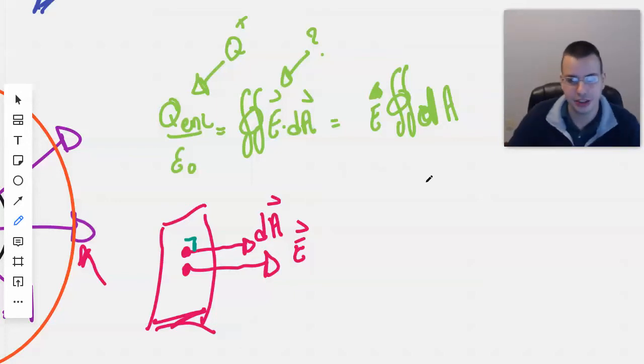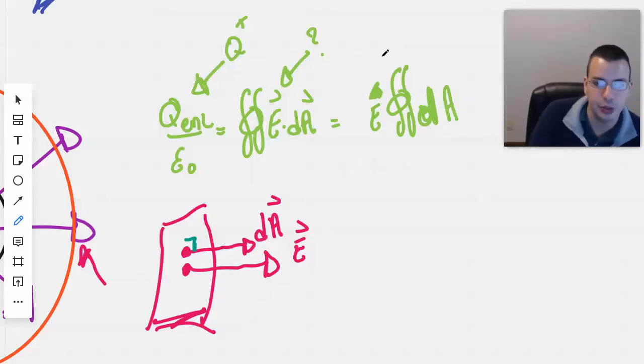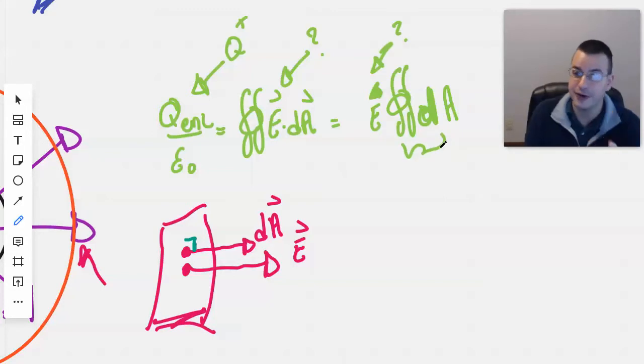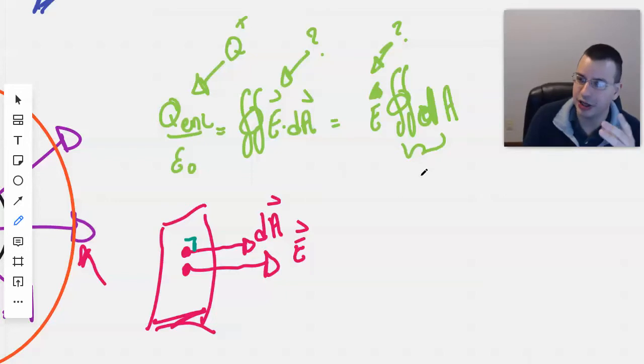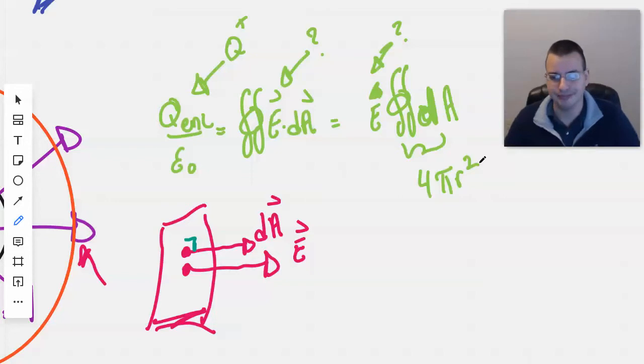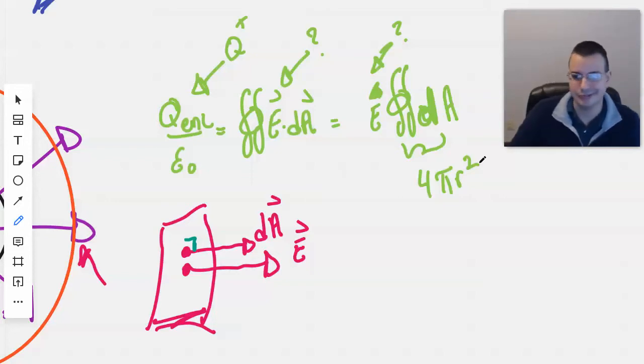So now we look at this. This side here is what we're looking for, and we can find out what this integral is because that is just the surface area of a sphere, which is, as we should know, 4 pi r squared. You just have to memorize that. Sorry, you should know it already. If you don't, you should learn it.